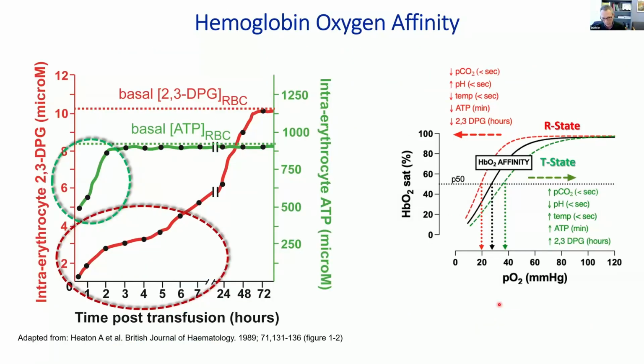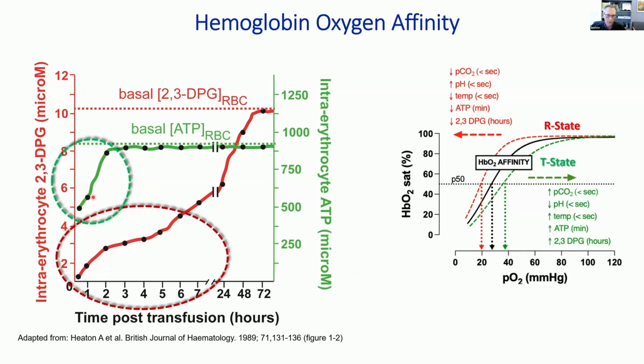So during storage, as I said, there's a reduction in ATP, a reduction in 2,3-DPG, which are quite severe, particularly in the case of 2,3-DPG. The pathways that generate 2,3-DPG are really inhibited by low pH, as well as low temperature.